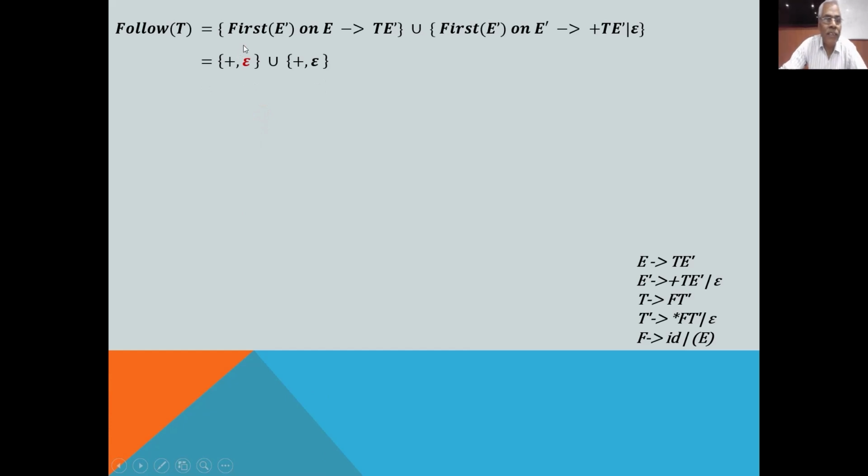If we simplify this, first of E dash on E to T E dash, we know what the terminals of first of E dash are. So I have written here plus and null. This is the first of E dash. And first of E dash, from this production we again get plus and null.